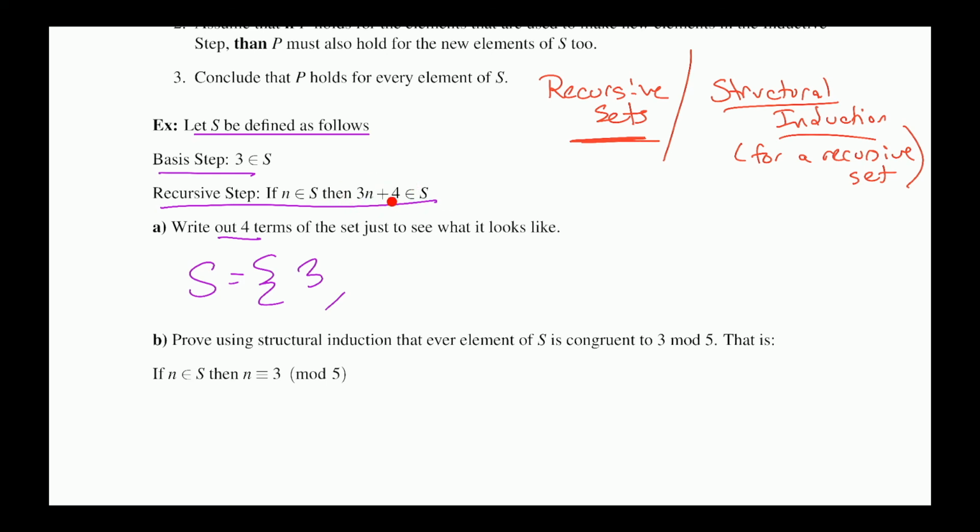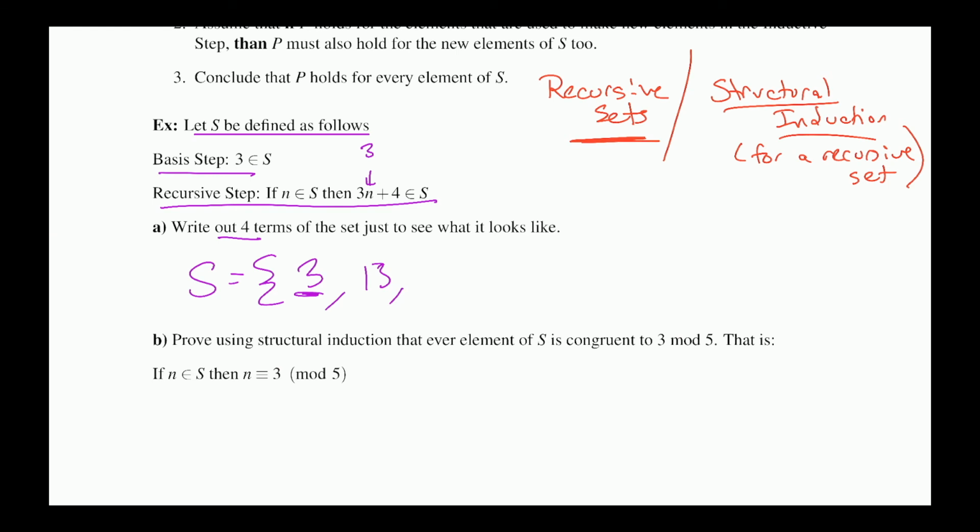Okay, so we need to start using this formula to calculate new things. You know how to do this, right? Our first element is a 3, so put a 3 in here. What are we going to get? 3 times 3 is 9, and 9 plus 4 is 13. So the next thing is 13.